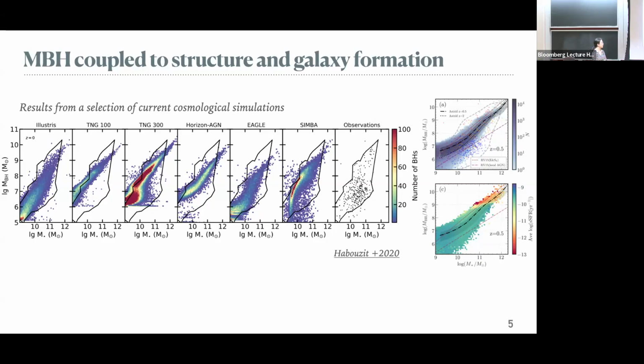So there's still a long way to go for the simulations to figure out the more detailed physics and reach some consensus on where things should lie. Another thing I want to point out is that most simulations currently, including maybe our own, although I would argue we are a little better, mostly produce a narrower correlation in this plane compared to the observational data set. That might indicate we need more detailed physics to produce a larger variety of objects on this plane.